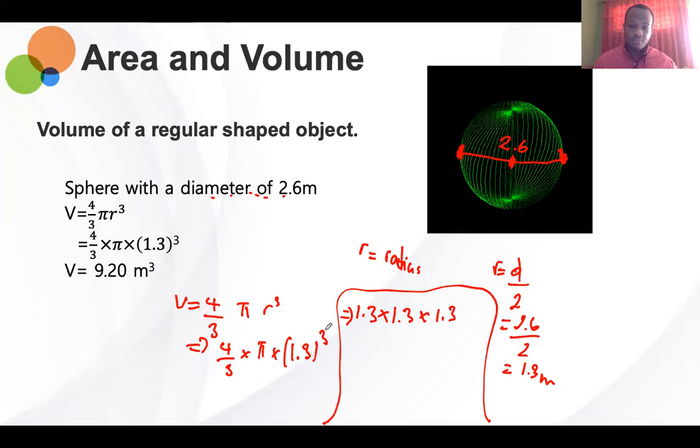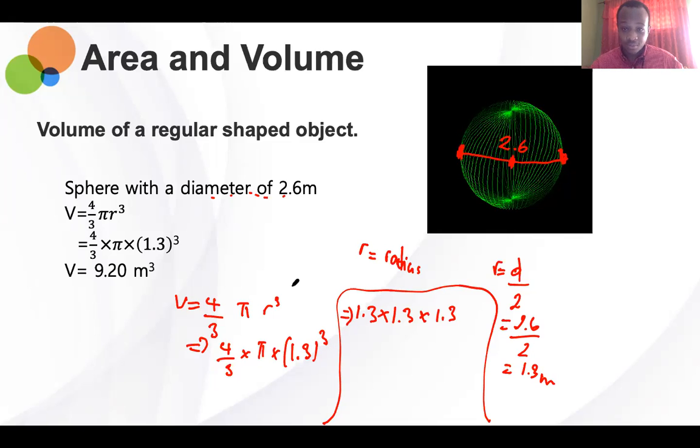Remember, the cube is representing that we have 1.3 being multiplied by itself 3 times, right?